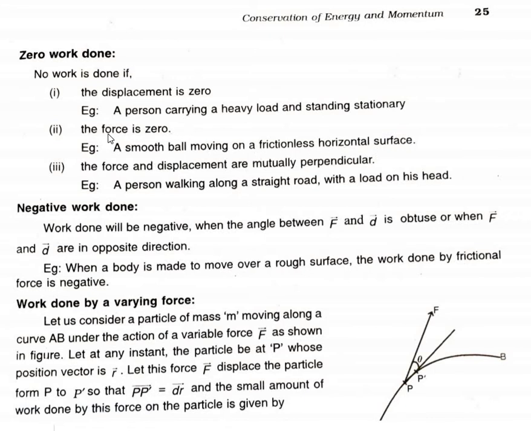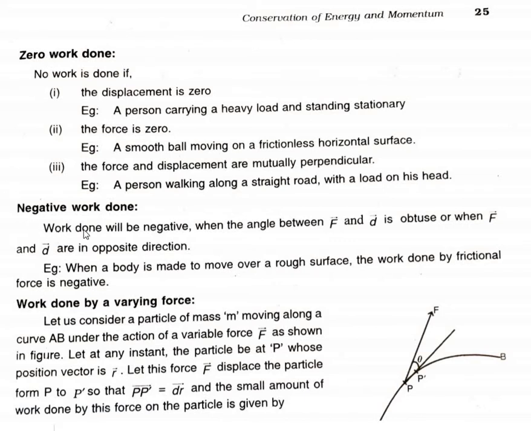At that time also the force is 0, meaning the work done is 0. The third condition is that the force and displacement are mutually perpendicular. A person walking along a straight road with a load on his head, in that case also the work done is 0. These are the three conditions for the work done to be 0.